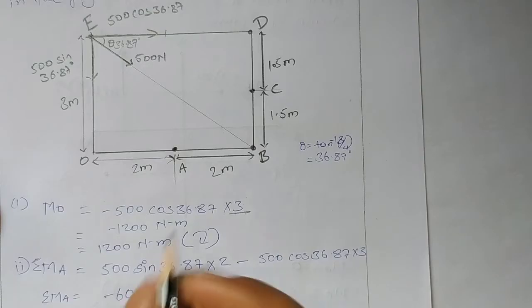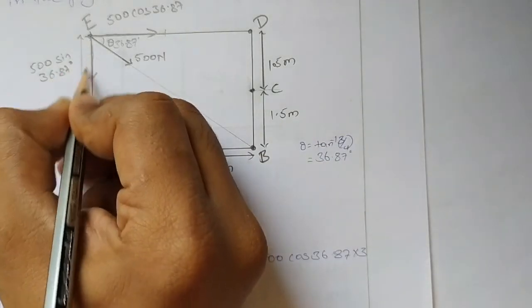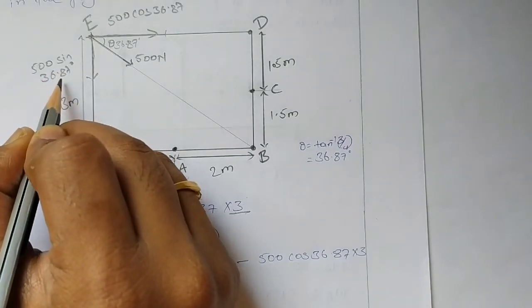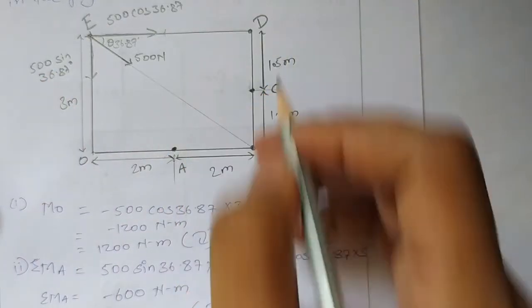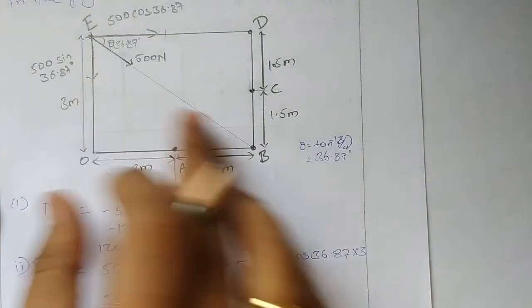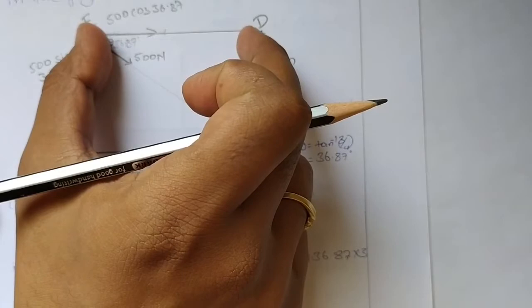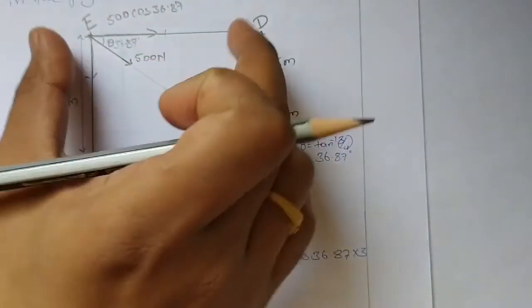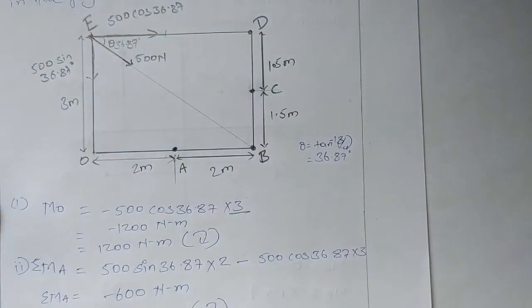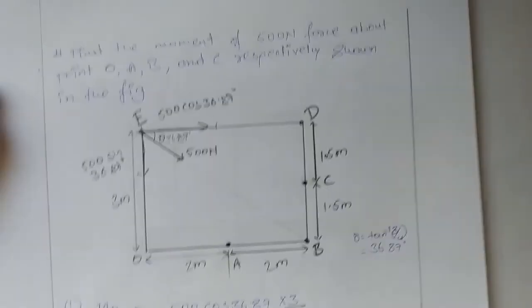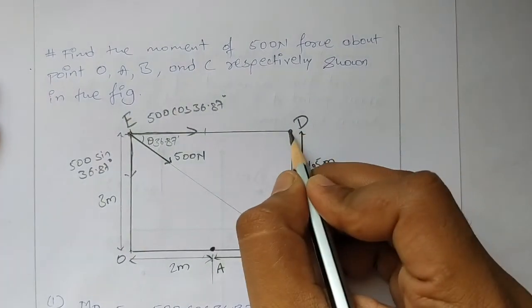Then similarly one more moment, through this force, which is creating an anti-clockwise moment, that is 500 sin 36.87 into, here again it is not 1.5, it is 4 meters. So this is the perpendicular distance. This force into this perpendicular distance, summed, gives the moment about C as 600 Newton meter.